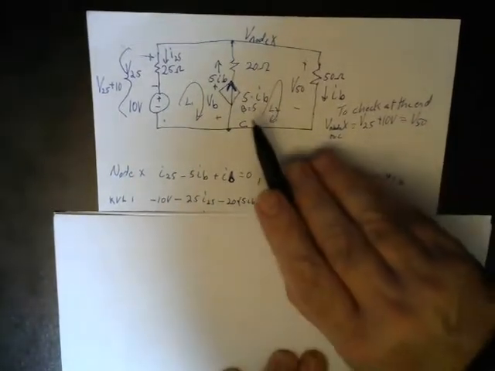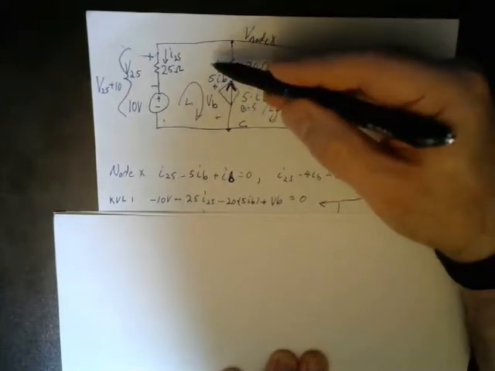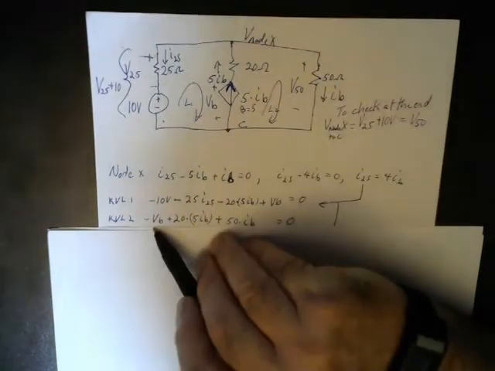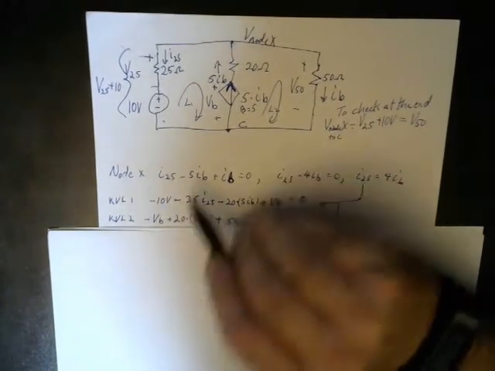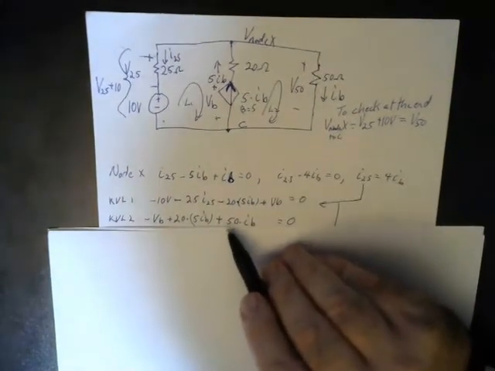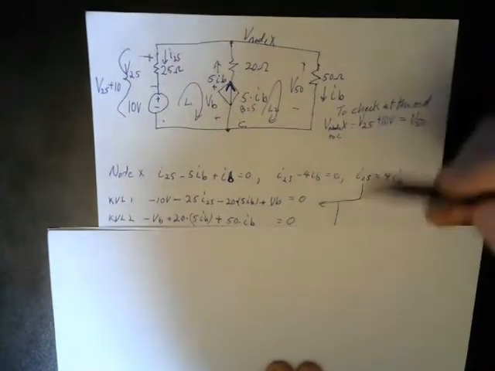So this is my first equation. When I go to my second equation, I went plus VB because I was going into the plus terminal, but now I'm going to go this way, and I'm going to have minus VB plus 20 ohms times 5IB, and then I come down through the plus terminal, so it's plus 50 times IB equals 0.